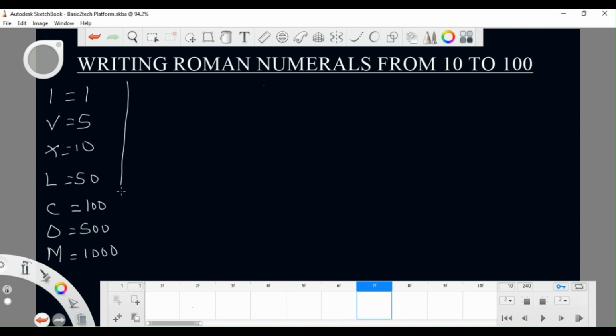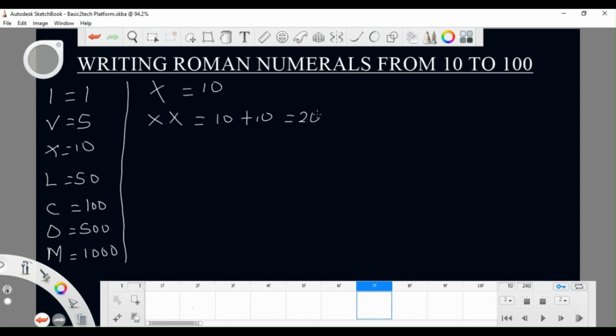Now, how do we write Roman numerals from 10 to 100? As you know from the symbols, X is 10, so my X is equal to 10. Now, to get Roman numeral 20, we can write X plus X, which is 10 plus 10, that gives us 20.